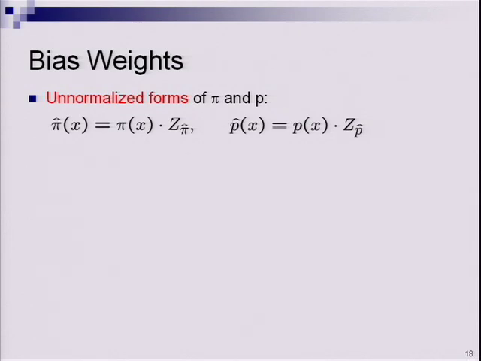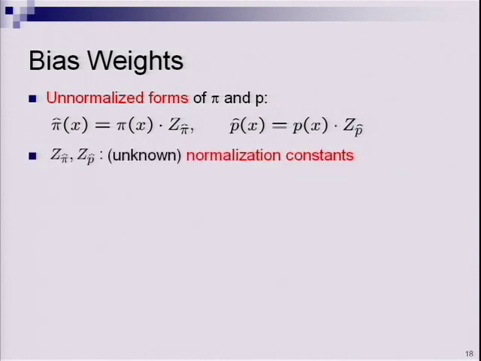An unnormalized form of a distribution is the same as a distribution, but it's multiplied by some normalization constant, which could be unknown. Okay, so pi hat of x is just pi of x times the normalization constant Z pi. And note that it's the same constant for all x. It's independent of x.